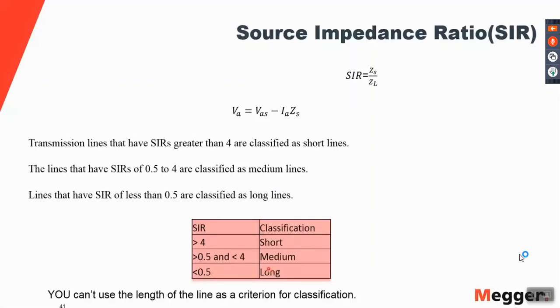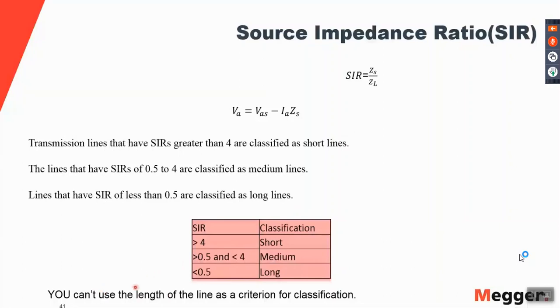Well, first of all, remember that the source impedance ratio is the source divided by the line. The longer the line, the bigger this impedance is going to be, the lower the SIR. The shorter the line, the lower this impedance is going to be, the higher the SIR. Okay? However, it doesn't matter how long or short in terms of meters, in terms of kilometers or miles, the line is.